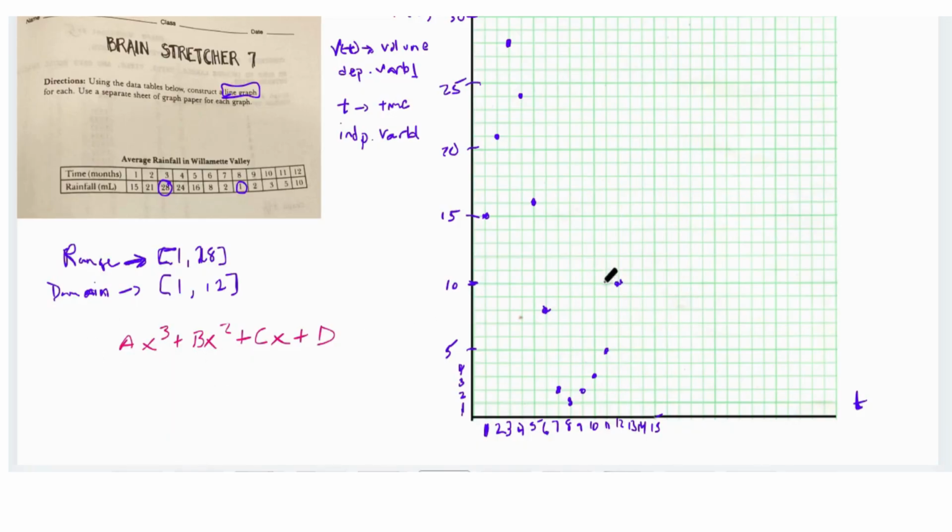What we could do is select maybe 4 points. 1, 2, 3, 4, right? Because we can have 3 of these or 4 of them. And this is a technique I haven't shown you yet.